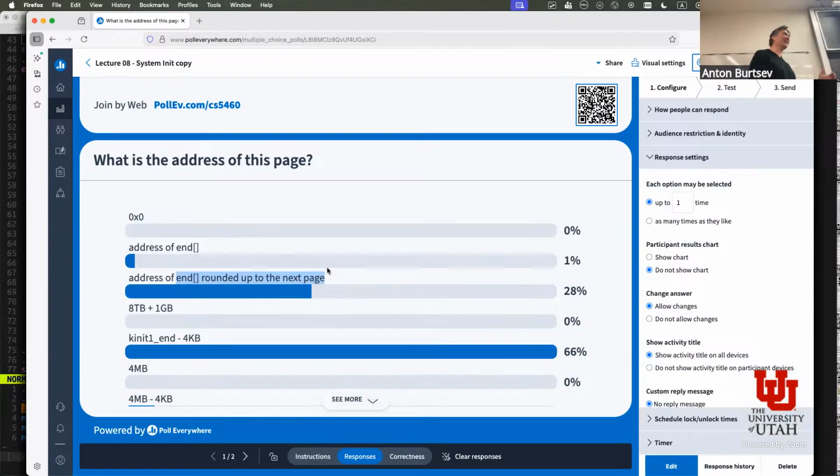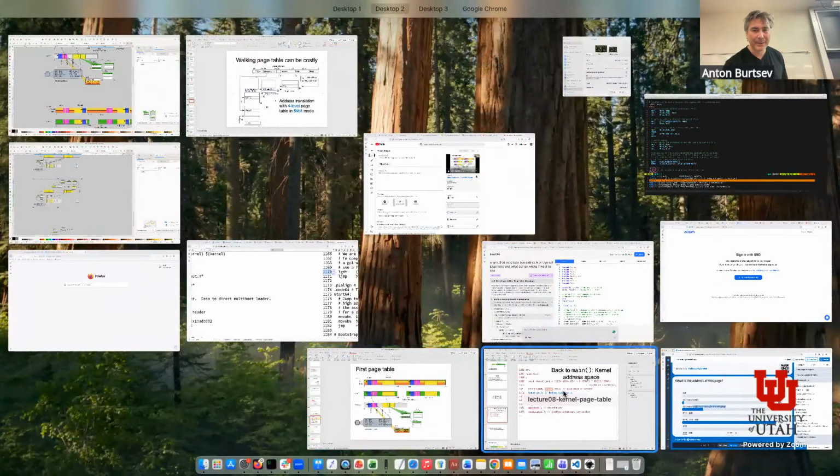Okay, sure, but you got the point. This is the page which was added first to the list, right?